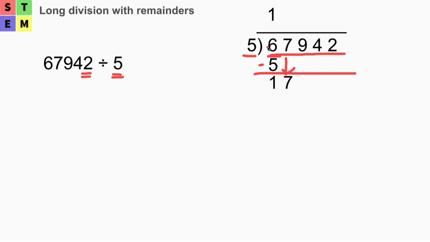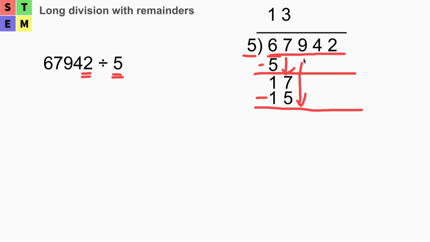So we got 17. So how many 5s go into 17? 3, right? So I don't have to write the calculation. So we have 3 there. And 3 times 5 is 15, so that's quite simple. So 17 minus 15 is 2, right? And 9 goes down.